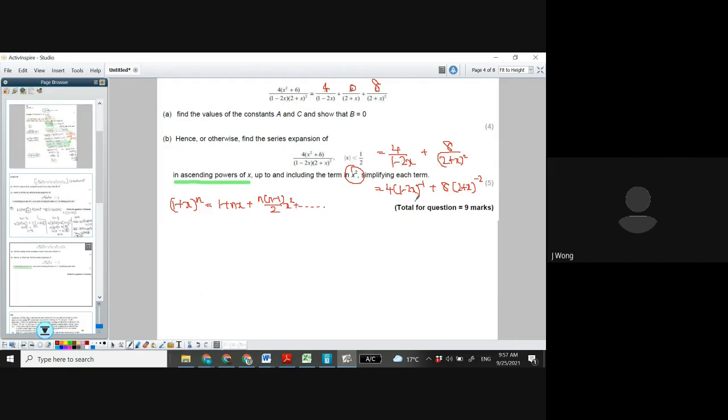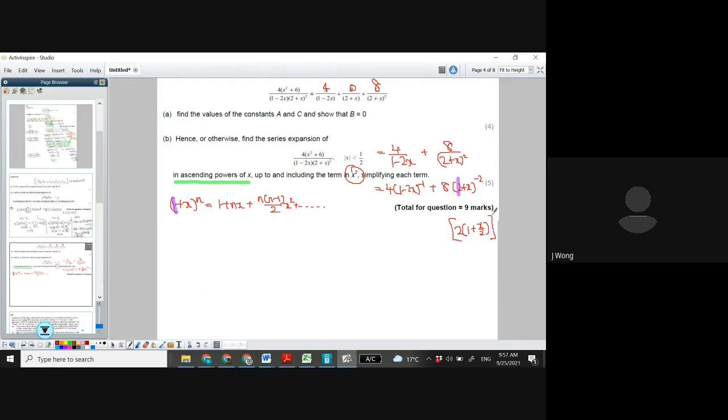Now, in this case, notice that our bracket is always in terms of 1 plus something. So that's why if you have a bracket which is not starting from 1 plus, then you need to factor this out. If I'm doing expansion with that, I have to factor out a 2, so that will change into 2 bracket 1 plus x over 2 within the bracket of 2 plus x. So if you open this up back, you have 2 plus x.